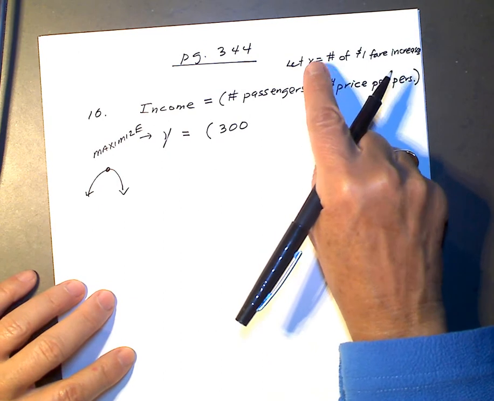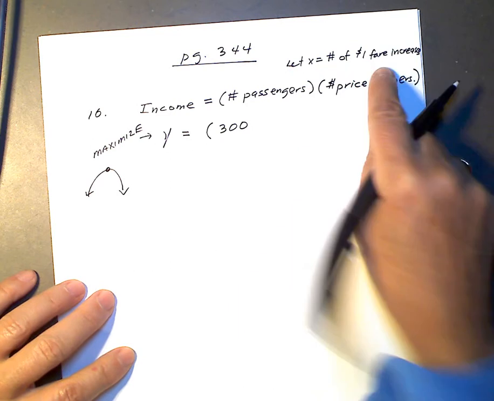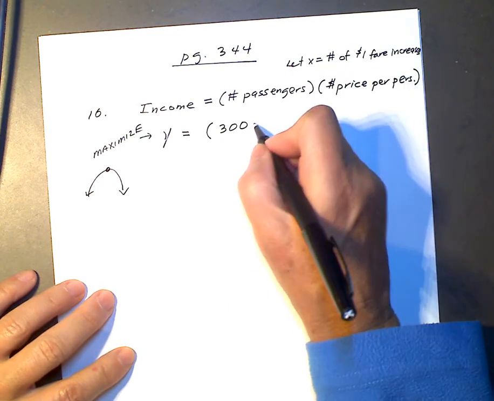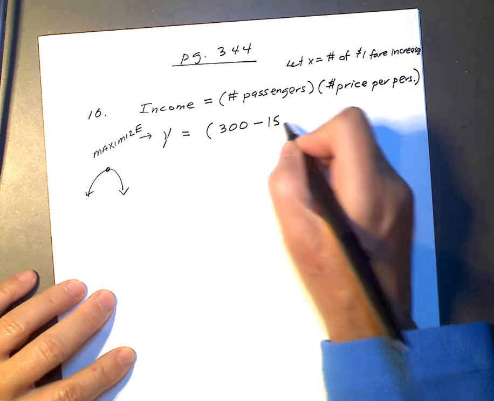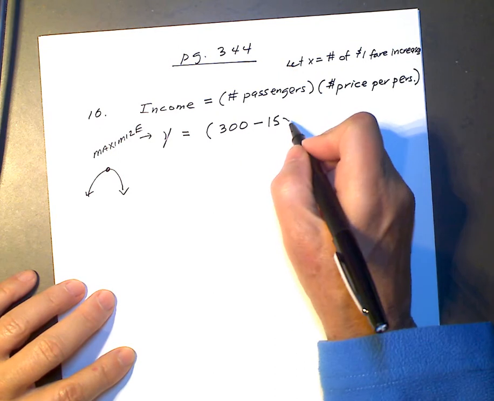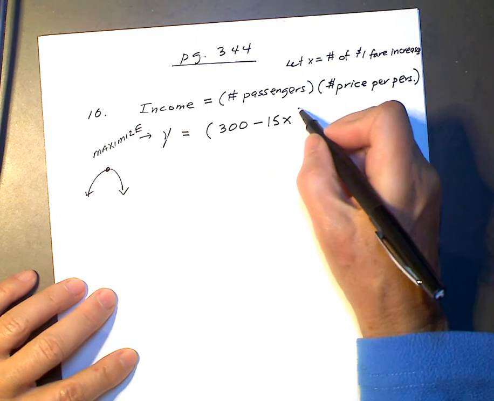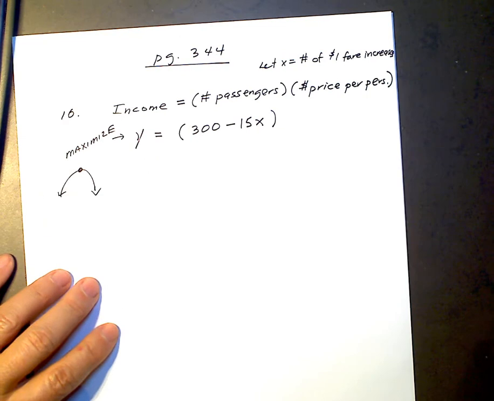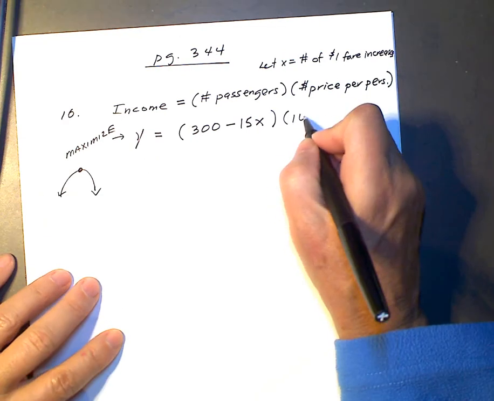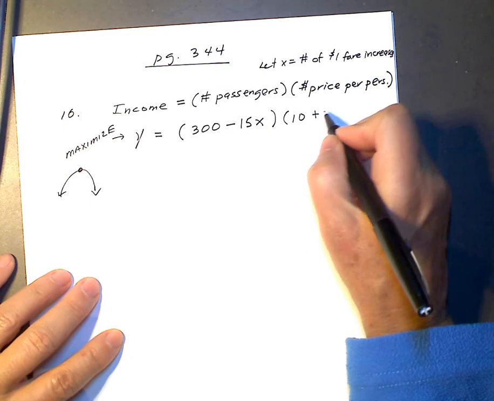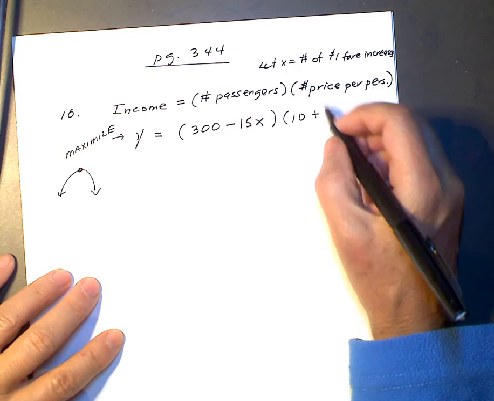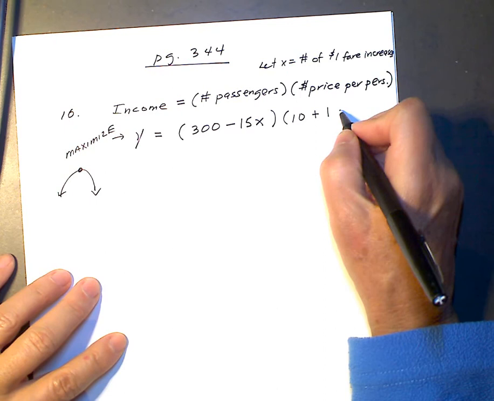Now the price per passenger starts off as $10, but it goes up $1 every time that we have an x, a fare increase, so $10 plus $1 times x.